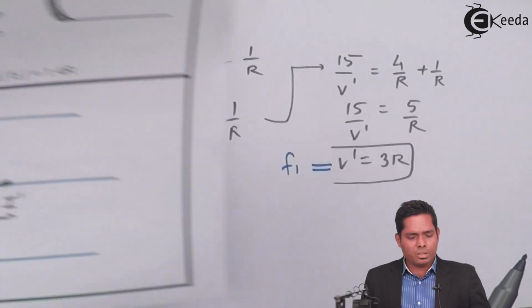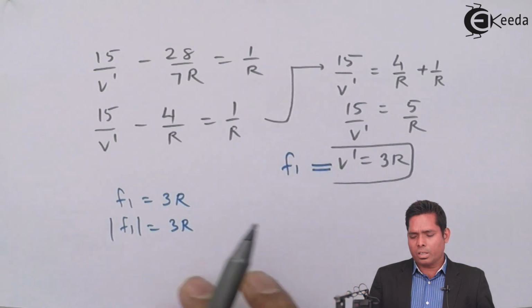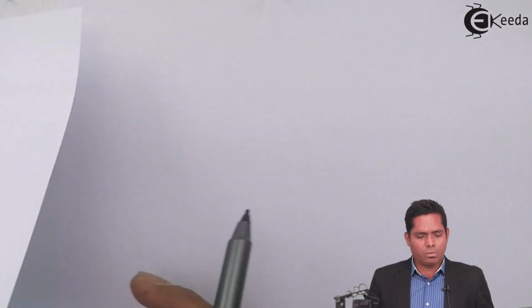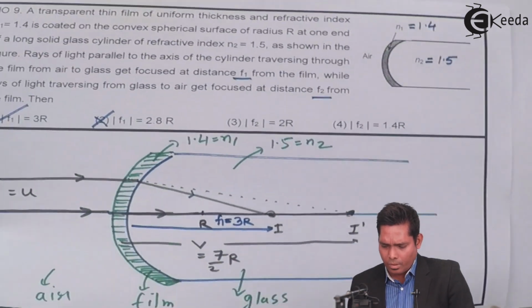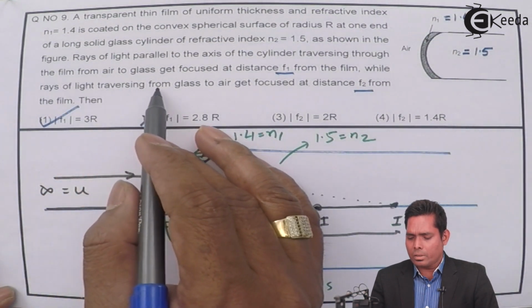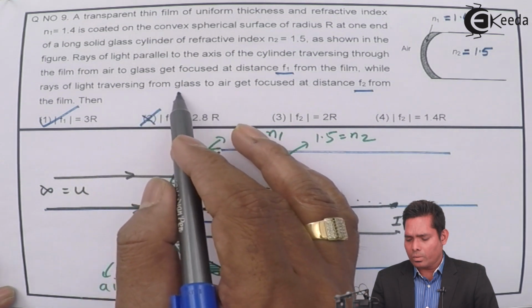Then we have to see the f2 part, the other side of the situation, when the ray is reversed, traveling from glass to air. Now in this situation we'll see what will happen. While the rays of light traverse from glass to air, the direction is reversed.